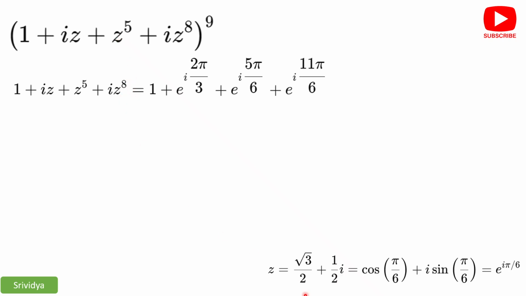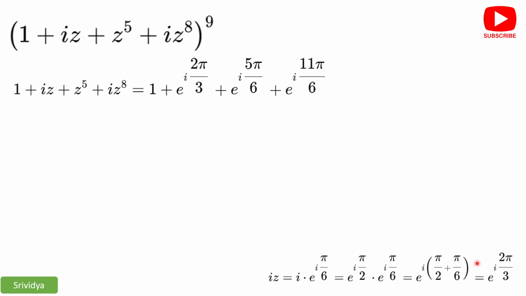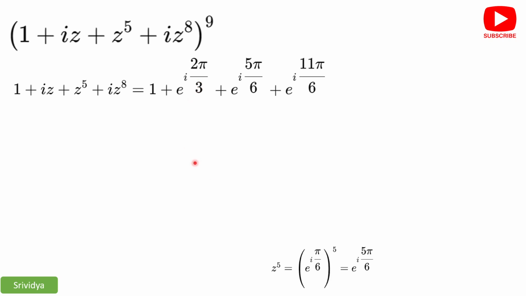We have seen that z is e to the power of i into pi by 6 and iz is e to the power of i into 2 pi by 3. That is why instead of iz we are writing e to the power of i into 2 pi by 3. Similarly, z to the power of 5 here can be replaced by e to the power of i into 5 pi by 6, which we evaluated.